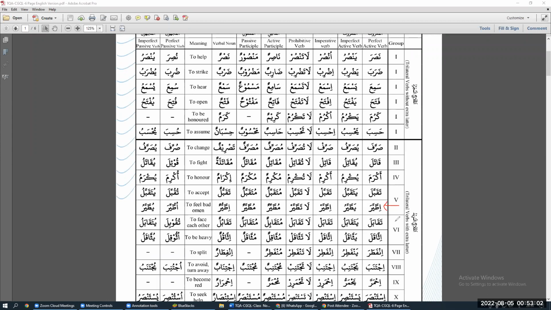I tell you again, in some of the verbs of form 5, ta is omitted and fa kalima is made double. So we get it. In some of the verbs of form 6, the same thing happens and we get it. Clear? Yes.